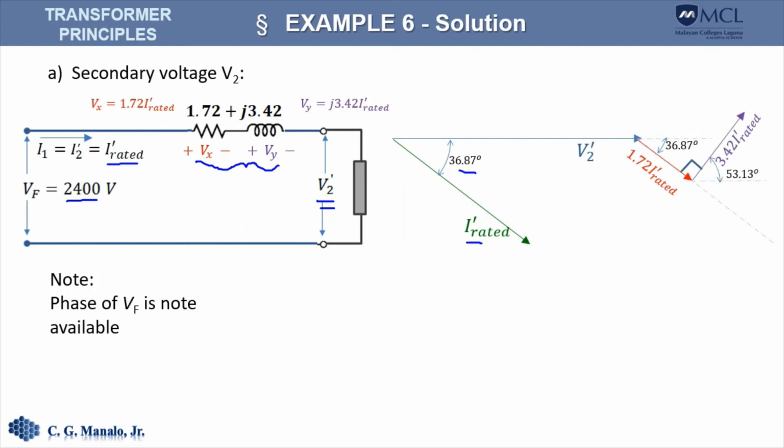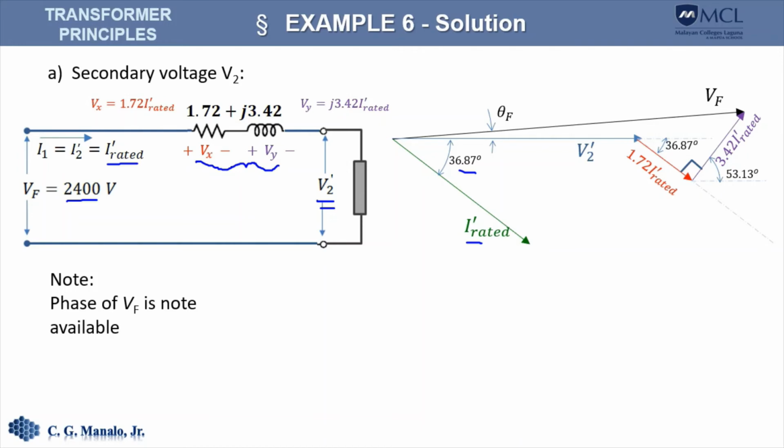Okay, and we know that the sum of V sub x plus V sub y plus V sub 2 prime must equal V sub f. So therefore we can draw V sub f that way. Okay.